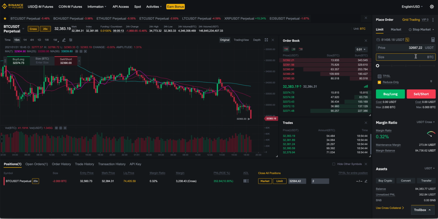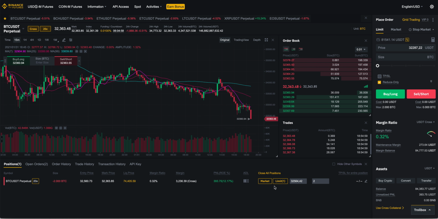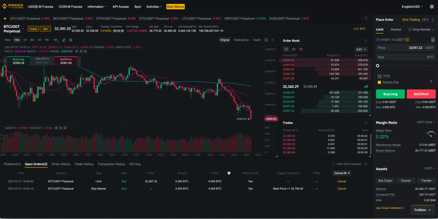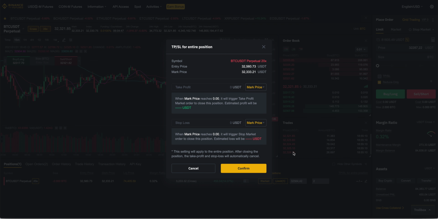So reduce only, I want to close my position, for example here at this price. In this case I have a simple limit condition where I will take profit exactly as I would do here. While for the stop loss that I set, it's like I would have set the same if I would set it here. So for example, let's put here a stop loss.